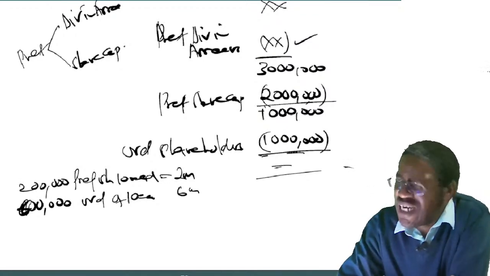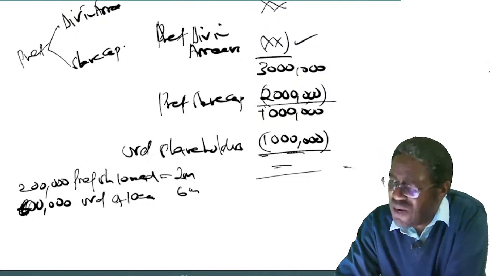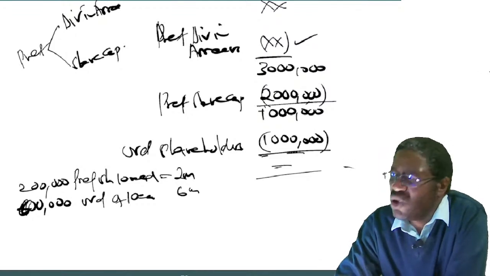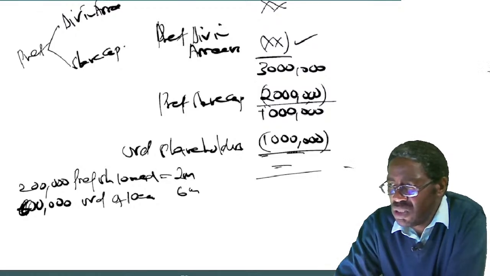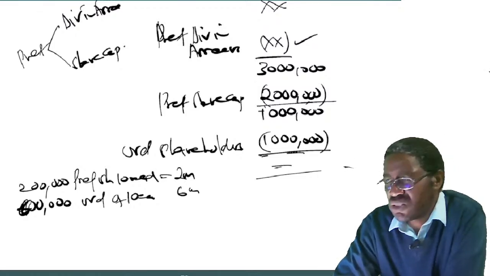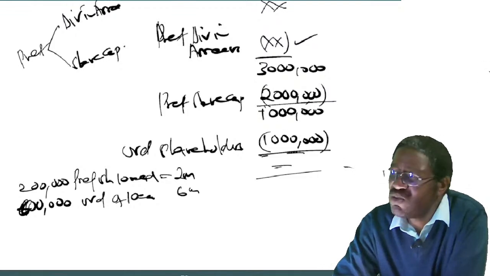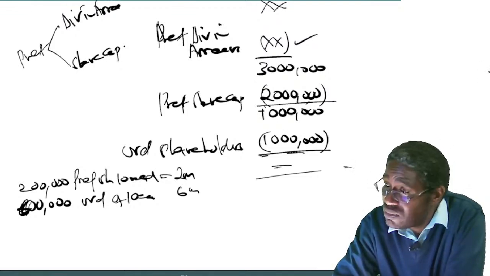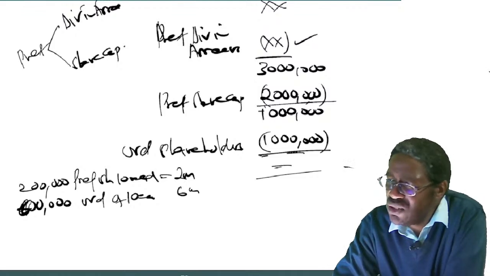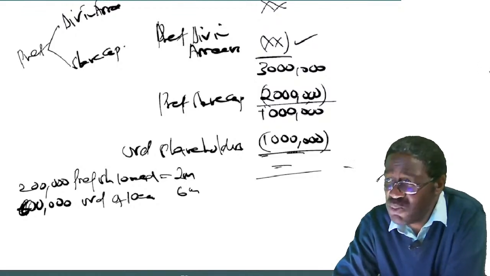But I now realize from this balance sheet that we owe the ordinary shareholders 6 million. But if they go to court and ask for the company to be liquidated, this statement will show them they can only get 1 million after everybody else has been paid.